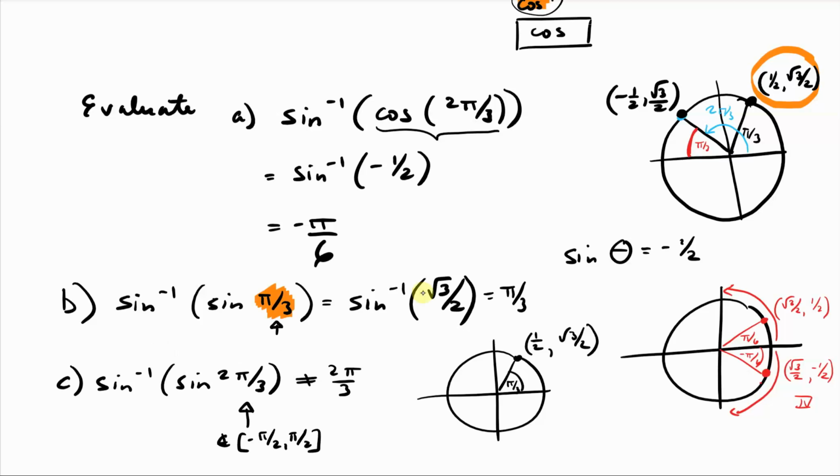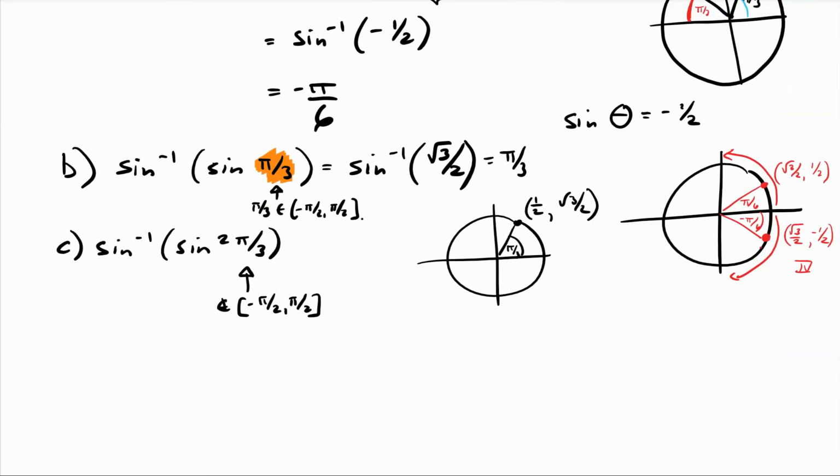This one was, so that's why it gave us back pi over 3. So here, the sine inverse and sine do not cancel out each other in this case because of the input 2 pi over 3.